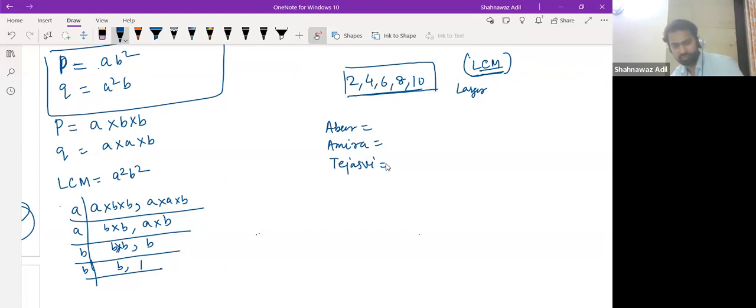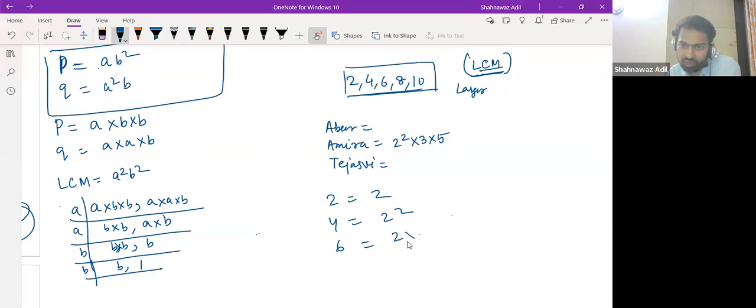The LCM is 2 square into 3 into 5. Because 2 is 2, 4 is 2 square, 6 is 2 into 3, 8 is 2 cube, and 10 is 2 into 5.